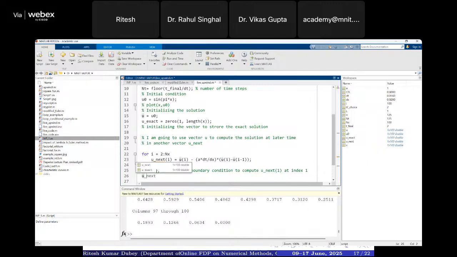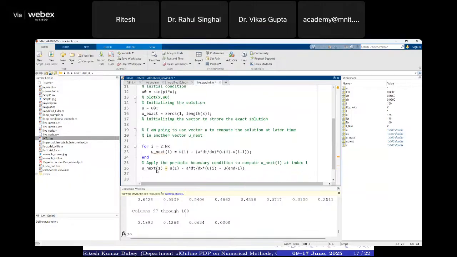So this can be done as u next at 1 is equal to u at 1 minus a star dt by dx star, and here I am going to put u1 minus u end minus 1.